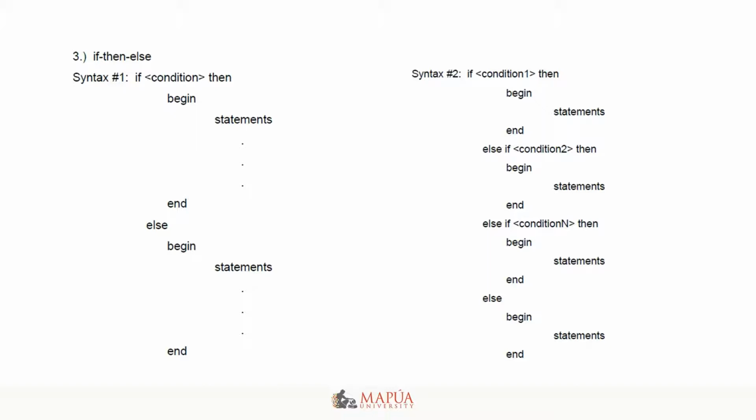If the second condition is true, then it will execute the second statement. The rest of the other conditions below will be omitted or disregarded. Else, if condition n is true, then it will execute the statement n, and then else will be disregarded or omitted. But if all conditions are false, it will fall on the else statement.